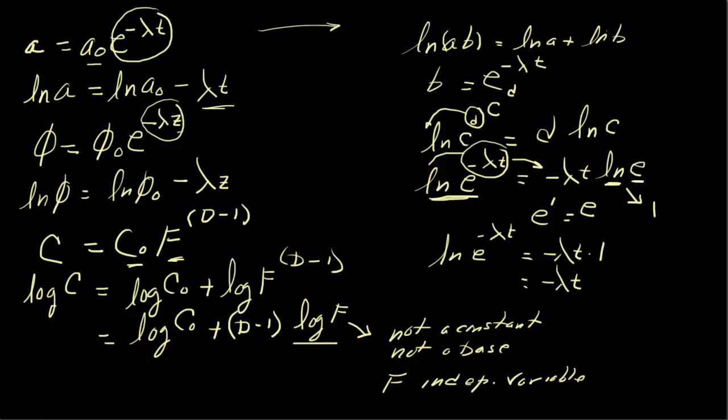In the straight line equation, y is equal to, let's say, b plus mx. Just to put it in this form, our x in this case would be log of F. Our m would be the distribution coefficient minus 1. And our intercept would be log of C0, with y being the log of the element concentration.